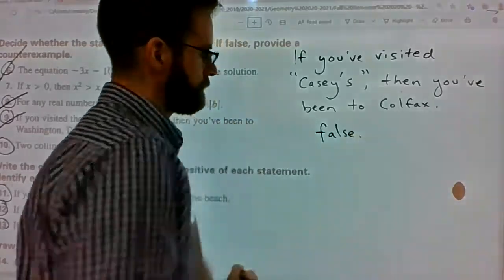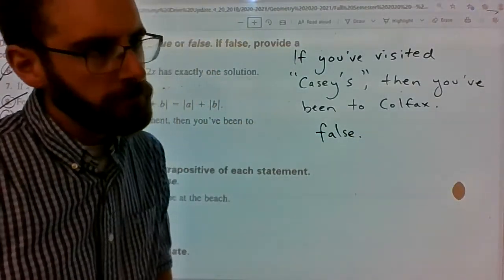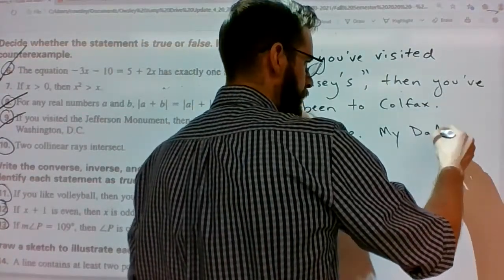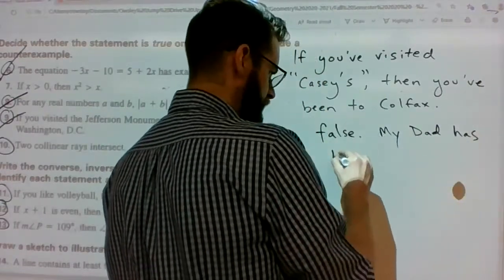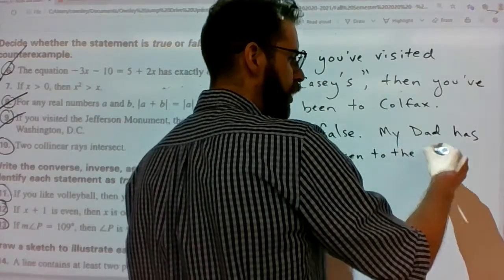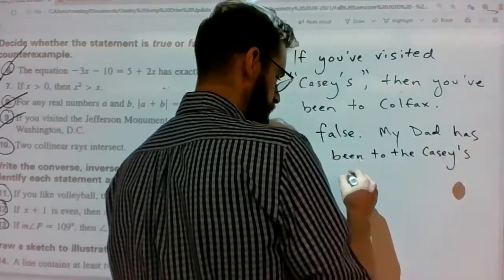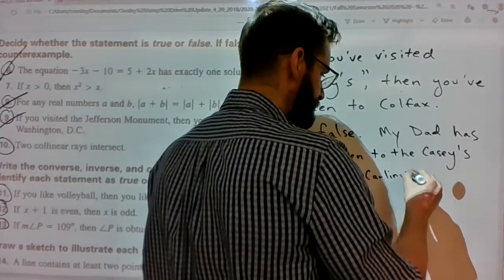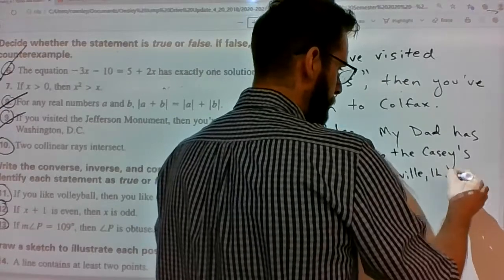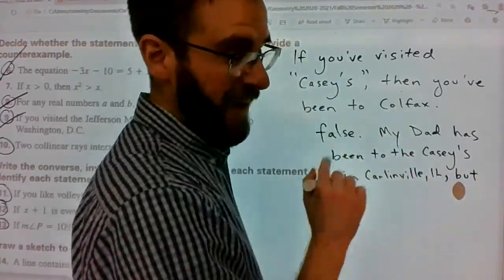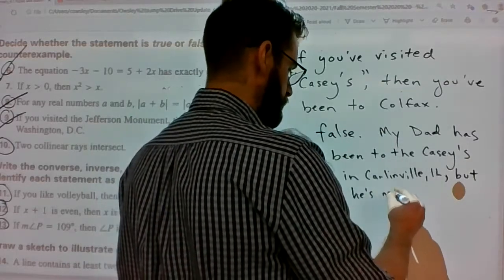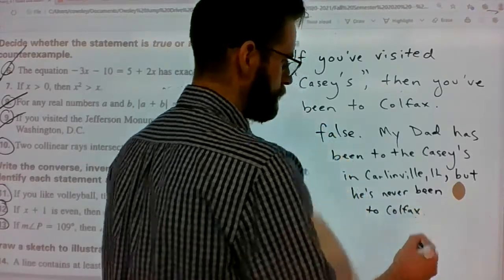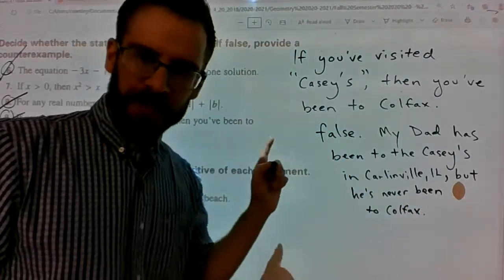False. Counterexample? My dad has been to the Casey's in Carlinville, Illinois. I know because I was with him when we were there. But he's never been to Colfax, Illinois. That's a fact. So, I don't know. That's my counterexample.